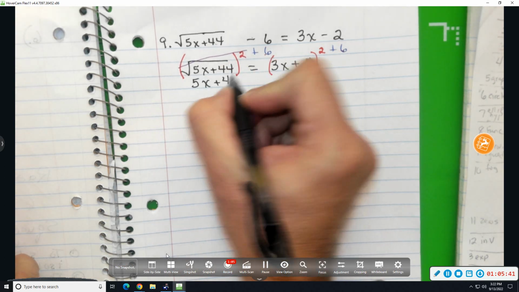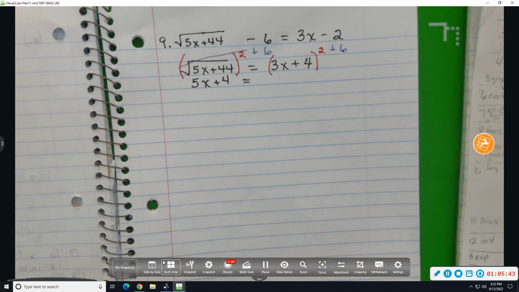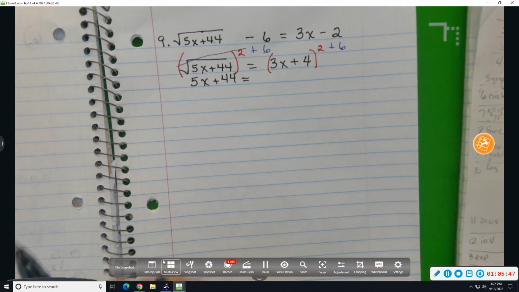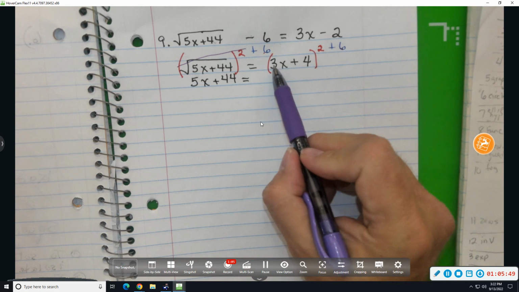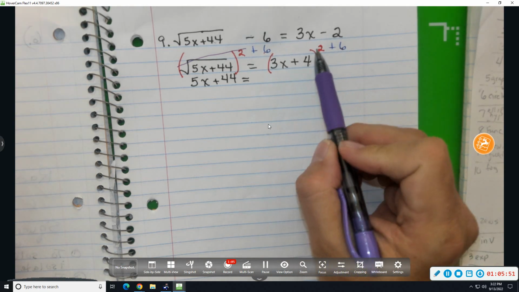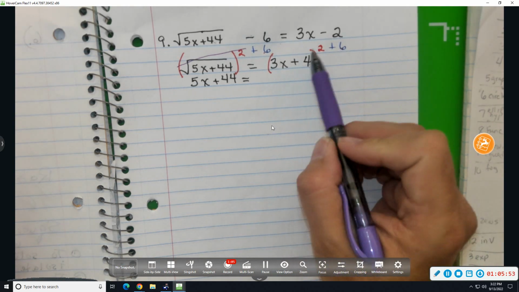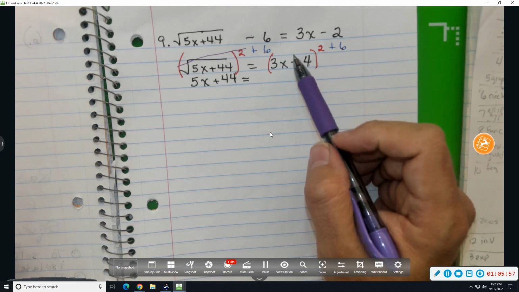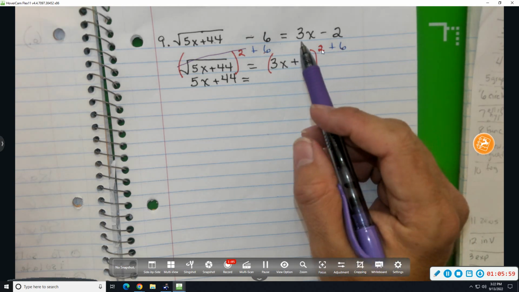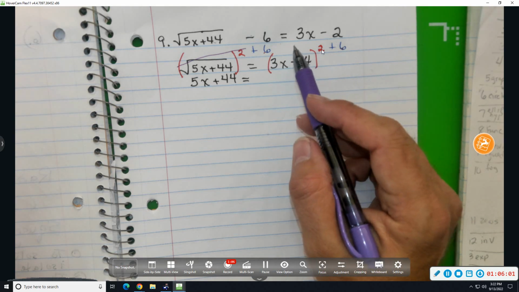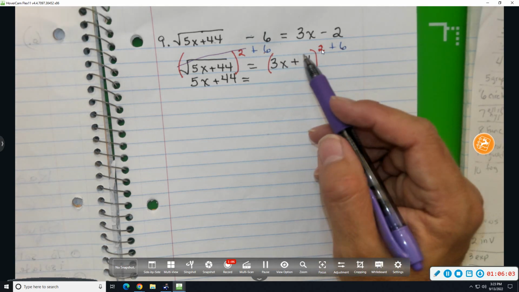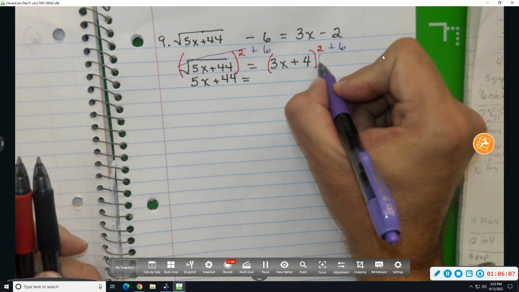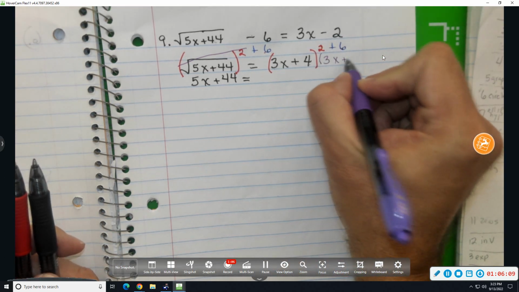But that right-hand side, to square this 3x plus 4, you're not just going to square the 3x and square the 4. For this 3x plus 4, you got to write it twice and FOIL it out.